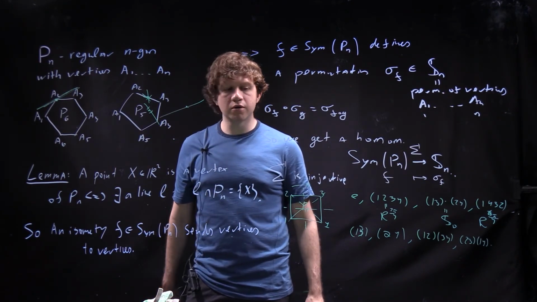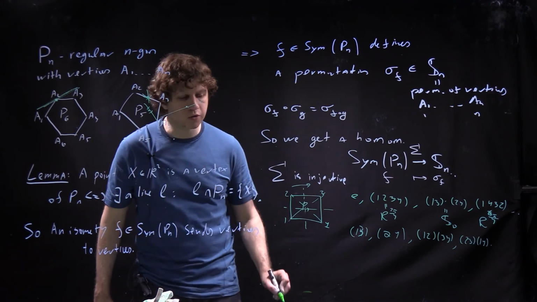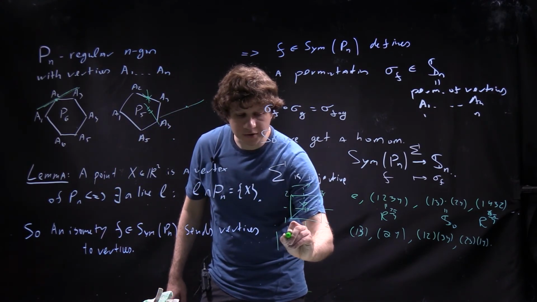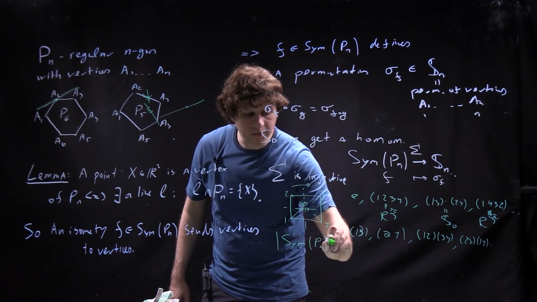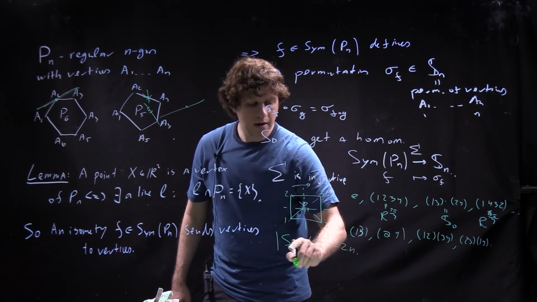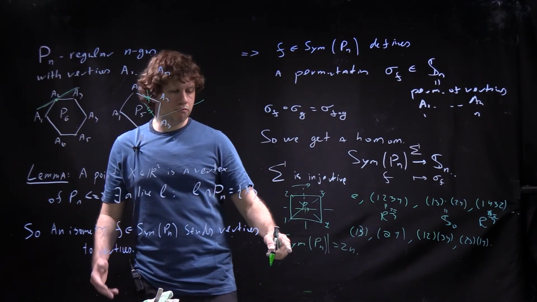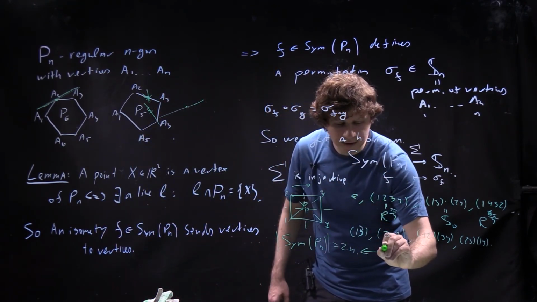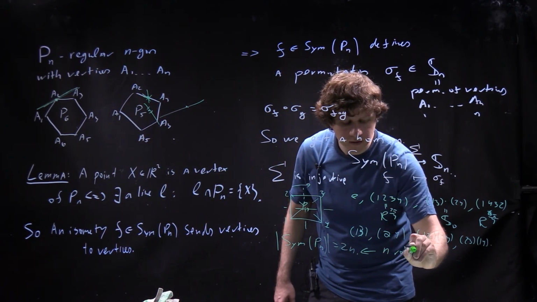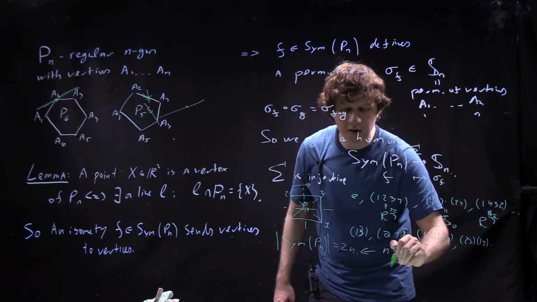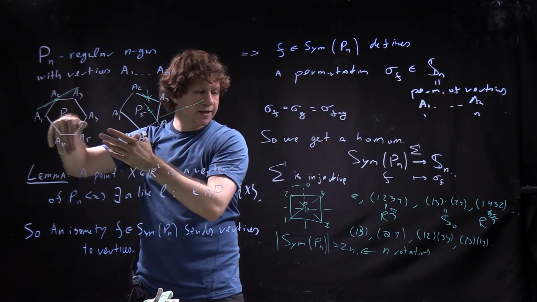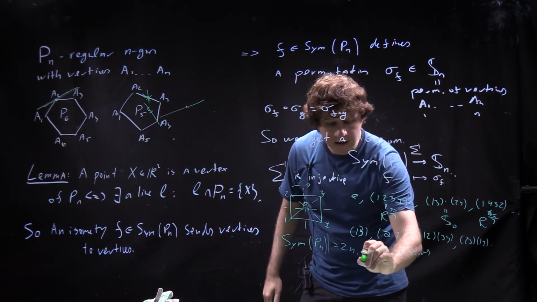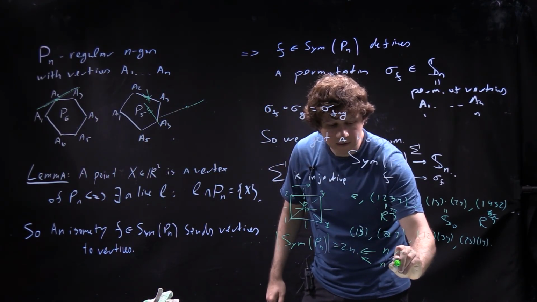So in general, one can easily conclude that the order, the number of elements in Sim Pn, just equals 2n. And n of them are rotations by 0, 2 pi over n, 4 pi over n, and so on, and n symmetries.